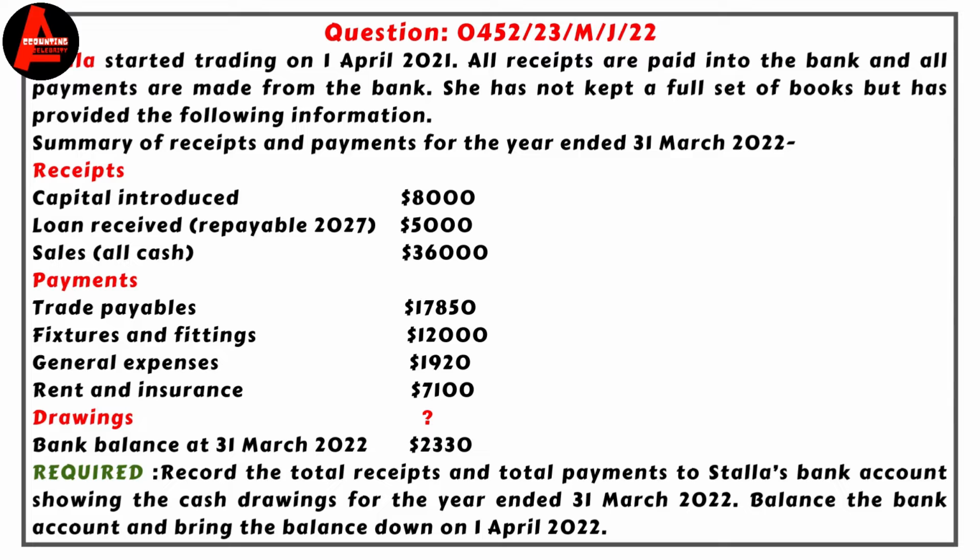Record the total receipts and total payments in Stella's bank account, showing the cash drawings for the year ended 31st March 2022. Balance the bank account and bring down the balance on 1st April 2022.